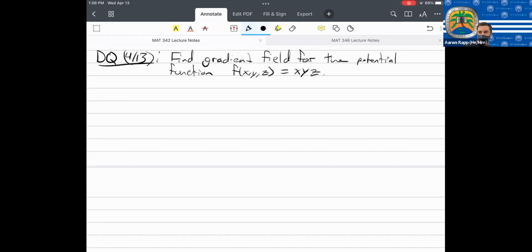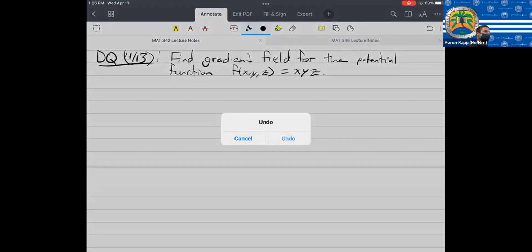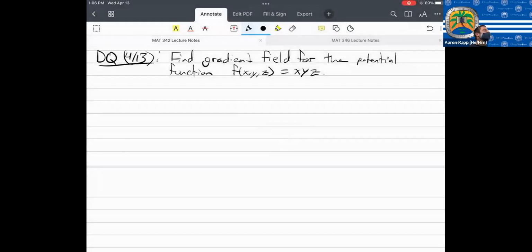Shrink my faces, unmute y'all up here. So to get the gradient field, I have to find the what of this function f? Well, the gradient, which is composed of partial derivatives.